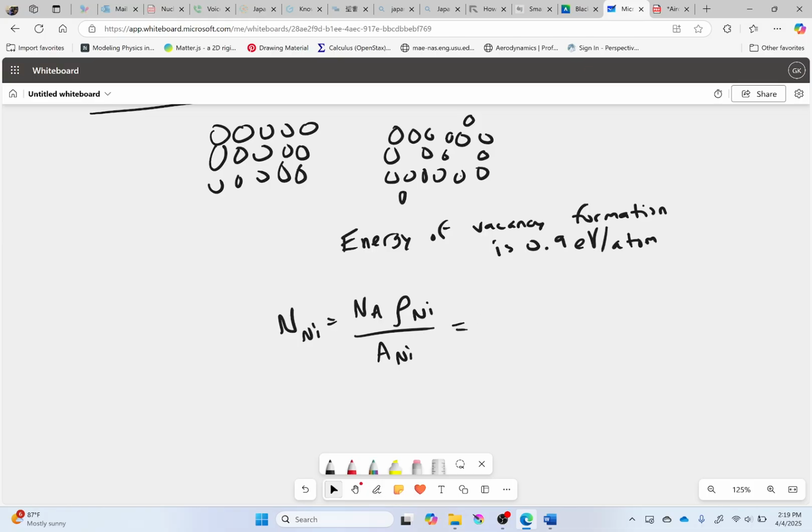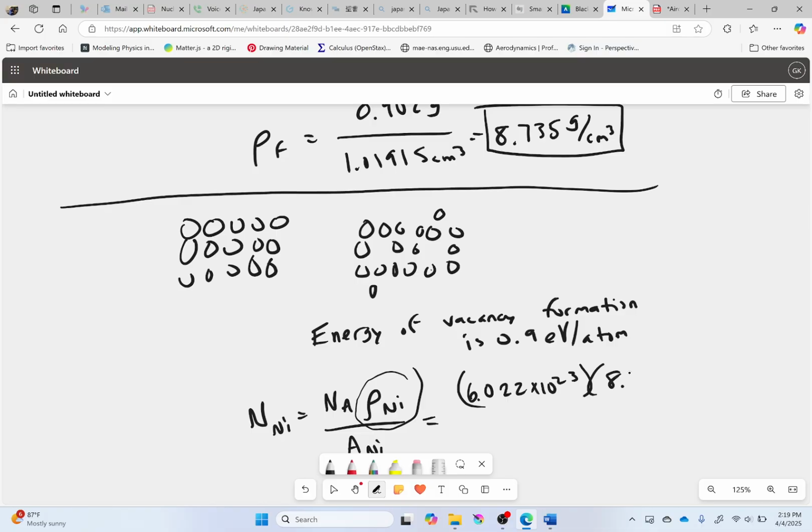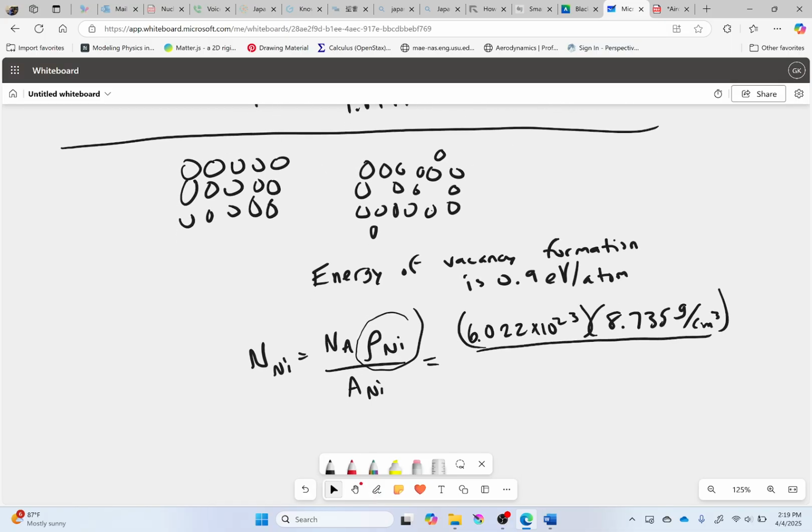So we have a lot of information. As a note, we're using the density that's already been expanded by changing temperature. So in this case, it'll be 8.735. The N_A, that's Avogadro's number, so 6.022 times 10 to the 23rd. Our density, which is 8.735 grams per centimeter cubed. And then finally, the atomic weight of nickel, which is 58.69 grams per mole.